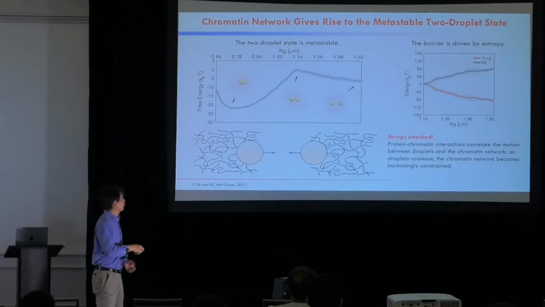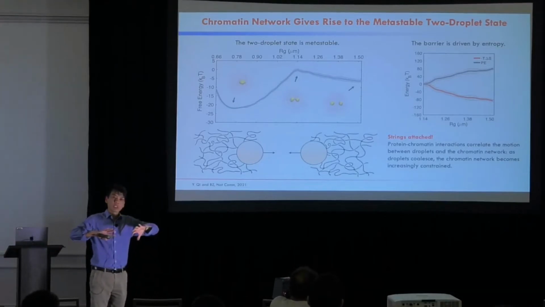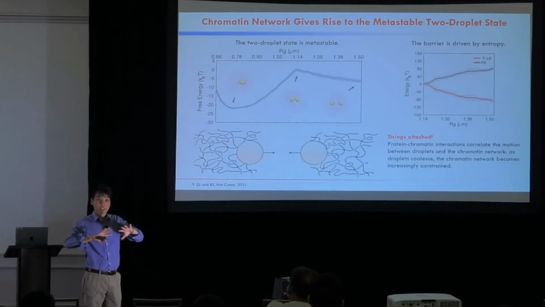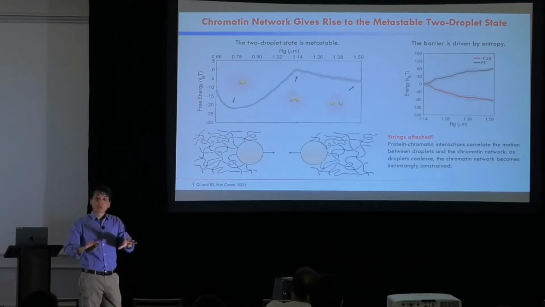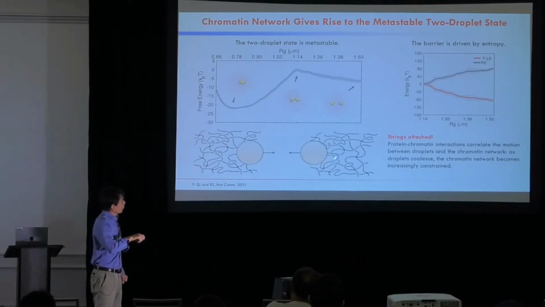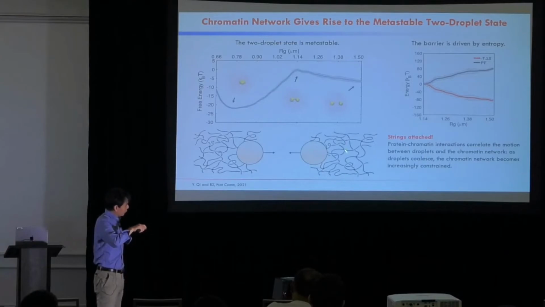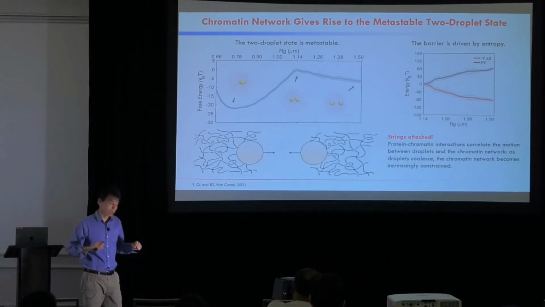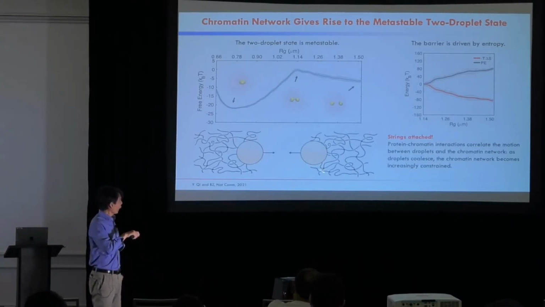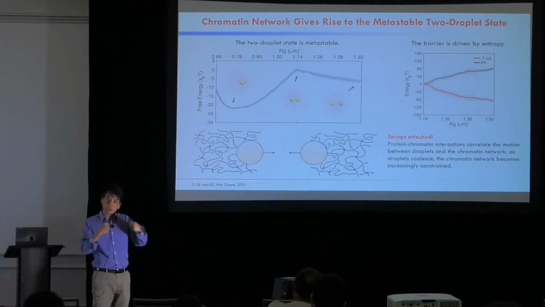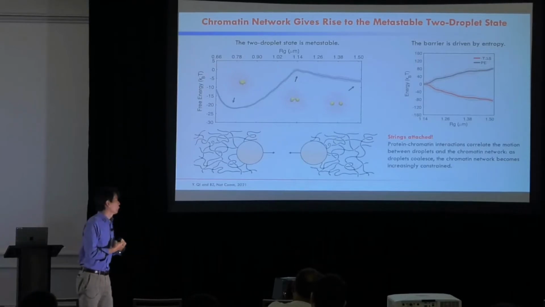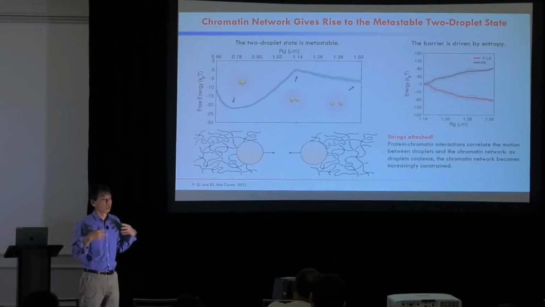What's happening is that we are looking at the phase separation in a network of chromatin, and because there is a favorable interaction between the droplet and the chromatin, those droplets are essentially tethered to the chromatin network. So as the droplets try to move close to each other and merge, they essentially have to pull on the chromatin network.